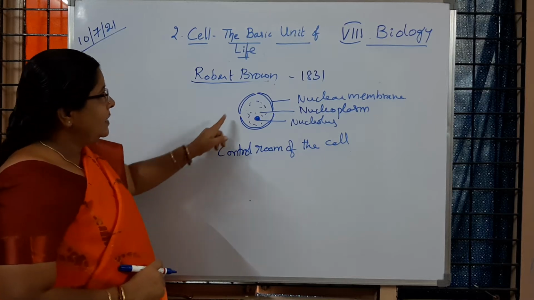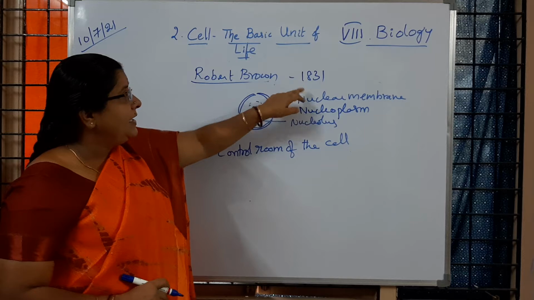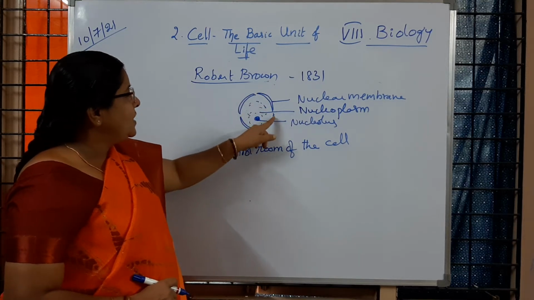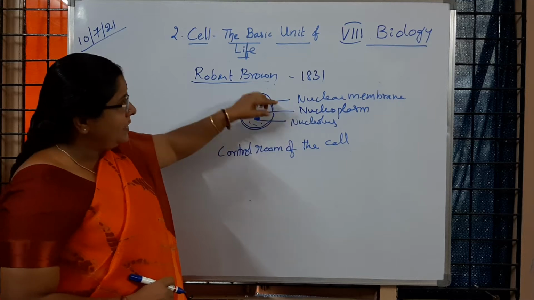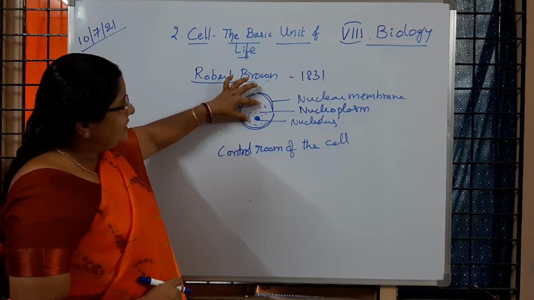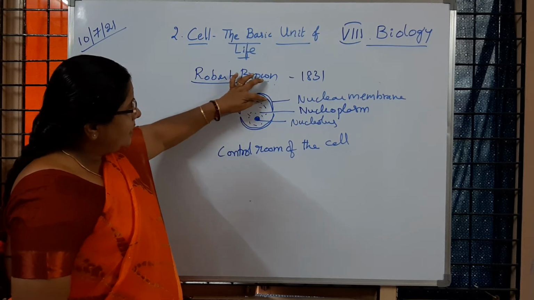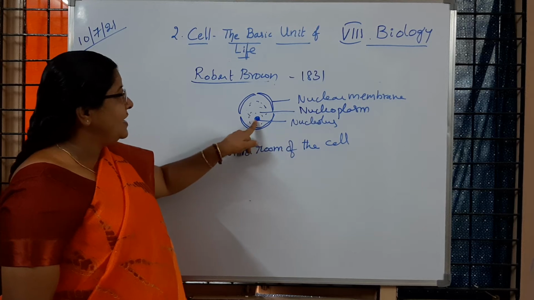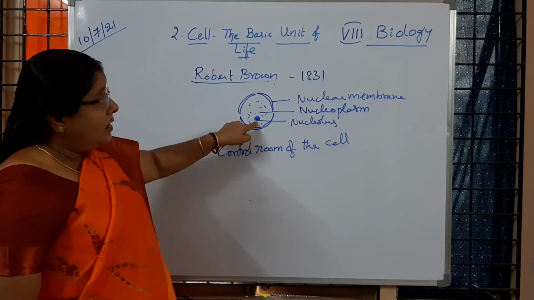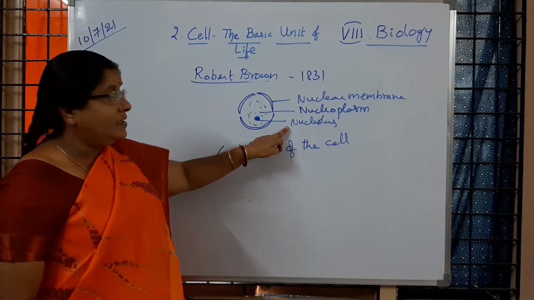Once again, the nucleus was studied by Robert Brown for the first time in 1831, and it is covered by a membrane called the nuclear membrane. Inside, the jelly-like fluid substance below the nuclear membrane is called nucleoplasm, and the dark staining body seen in the nucleus is called the nucleolus. Is it clear to children?